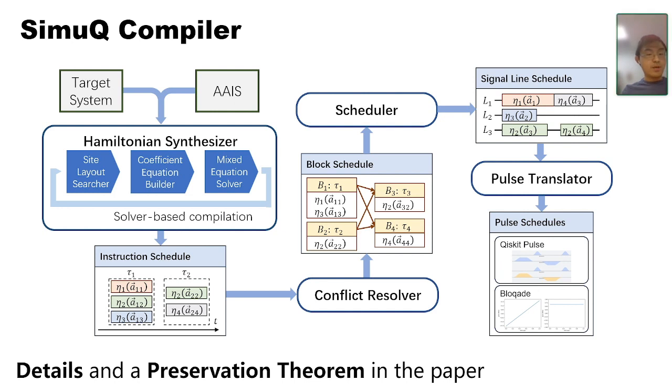We modeled this problem as a mixed integer equation system and crafted a least-squares-based solver to obtain a solution. Additionally, we have a semantics preservation theorem stated in our paper illustrating the correctness of SimuQ's compiler design. For more details, please refer to the paper. Moreover, for specific devices like IonQ or D-Wave devices, we recently built customized solvers to speed up the compilation process.